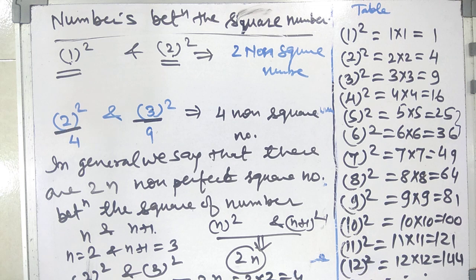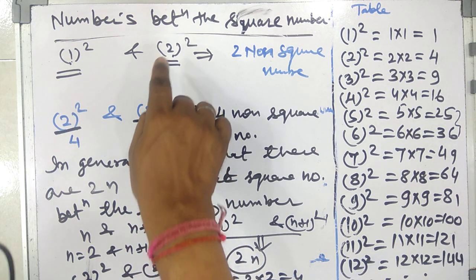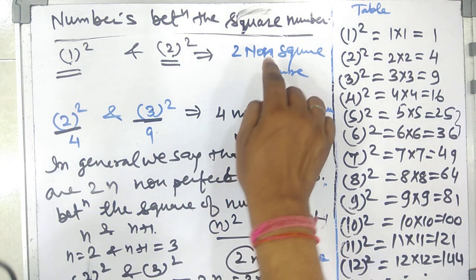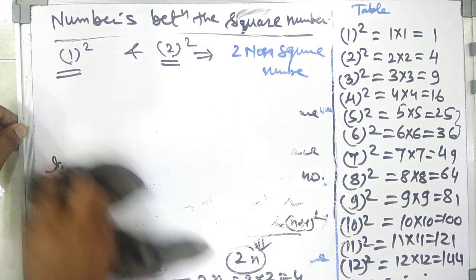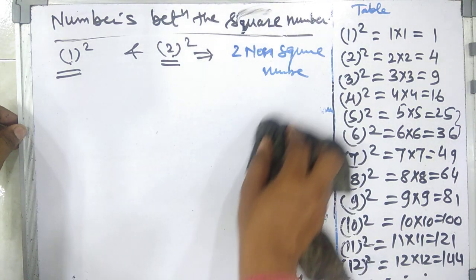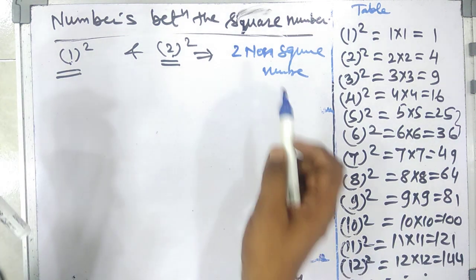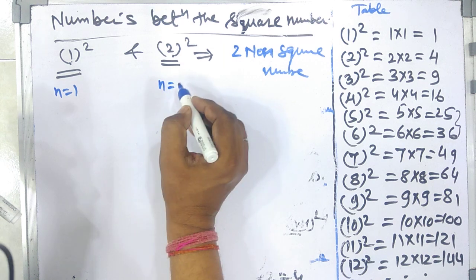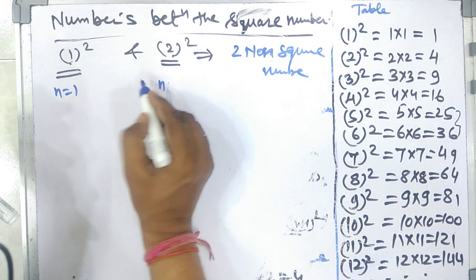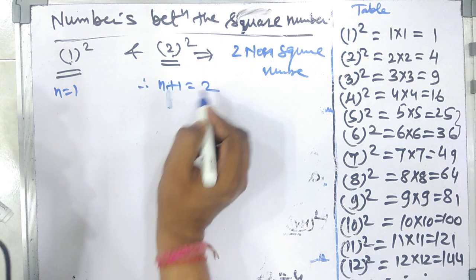So this is the general formula, students. In between 1 square and 2 square, 2 non-square numbers. It means, students, between the square of 1 and the square of 2, how many non-square numbers came? n is equal to 1, therefore n plus 1 is equal to 2.